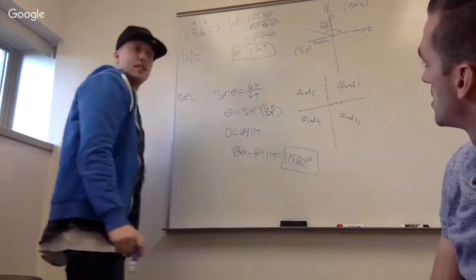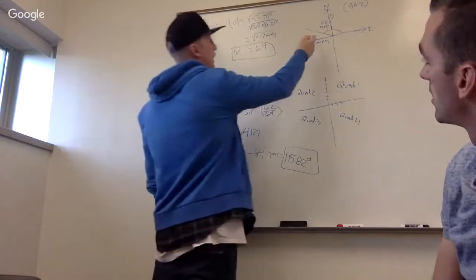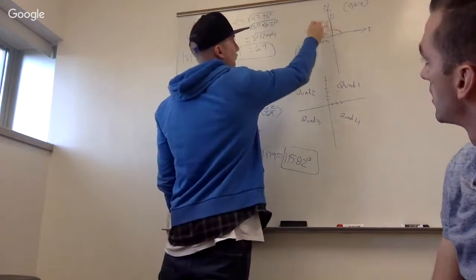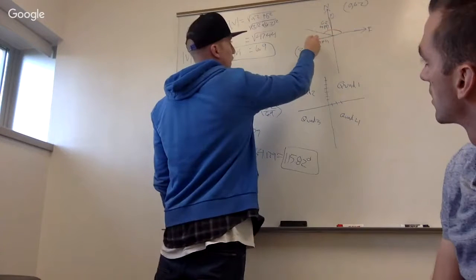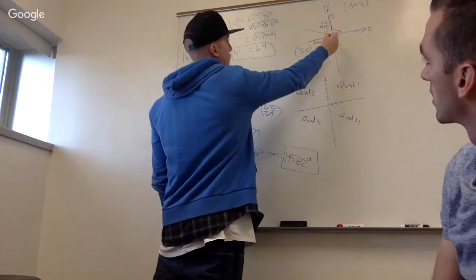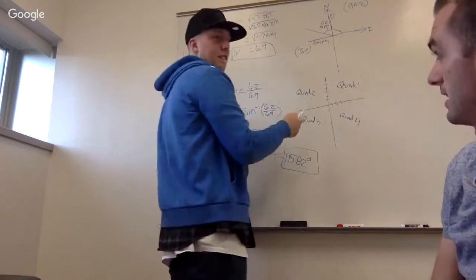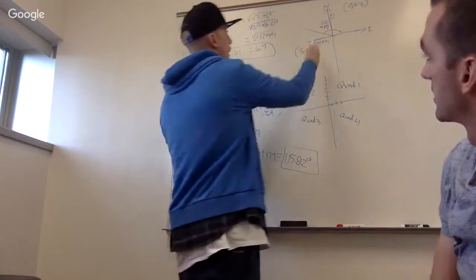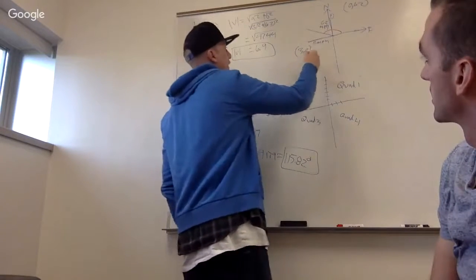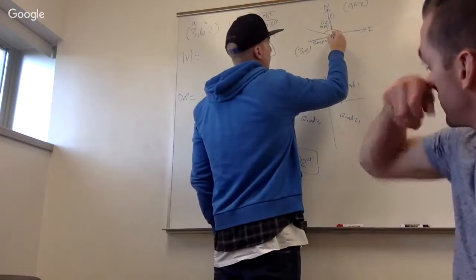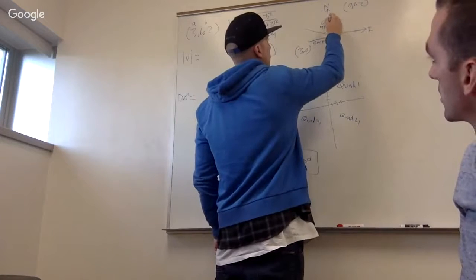We don't have anything to go off of. We just know this guy went 3 miles an hour west, so he'd be on the x-axis. We don't know where he's at, but we just know this guy went 6.2 miles per hour north.